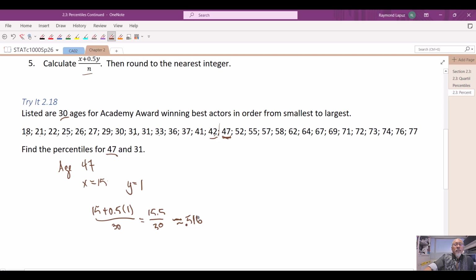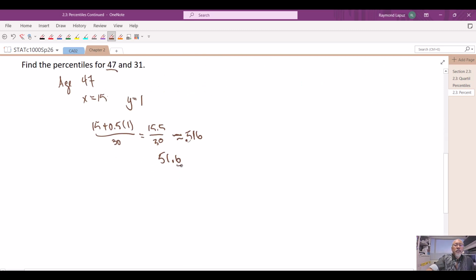Then we round off to the nearest whole percentage. So I move the decimal place 2 places over, 51.6, and then we round off to 52 because 6 is bigger than 5. So 52nd percentile. So age 47 is in the 52nd percentile.